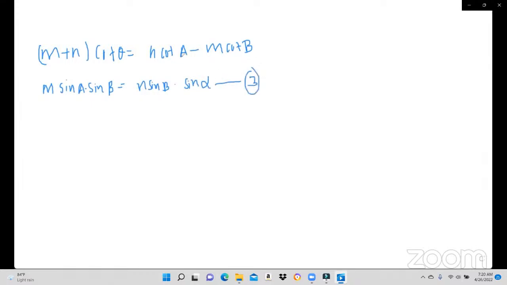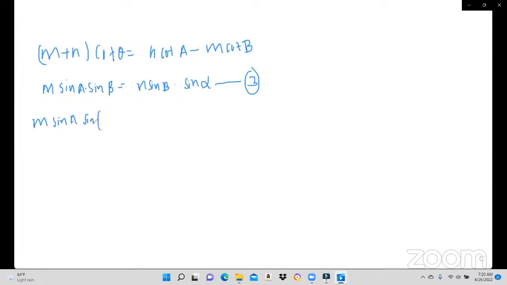From this equation number 3, how do we derive this equation? You can see clearly there is no alpha and beta. So here alpha and beta we have to substitute from a and b. How do we substitute the things? We'll keep m sine a here. Earlier we have substituted for a, but now we are going to substitute for sine beta.